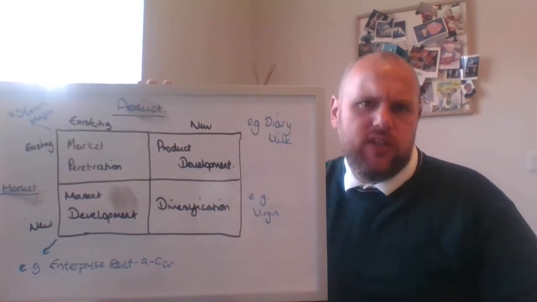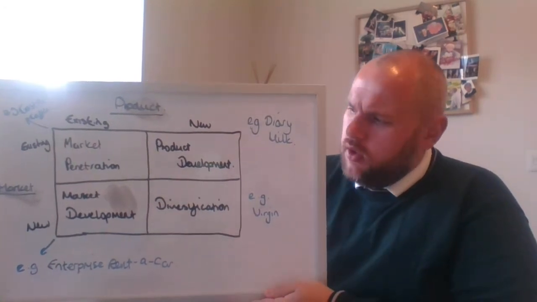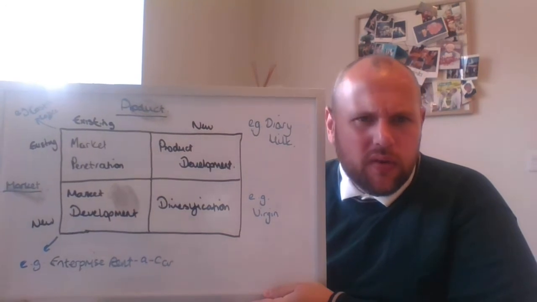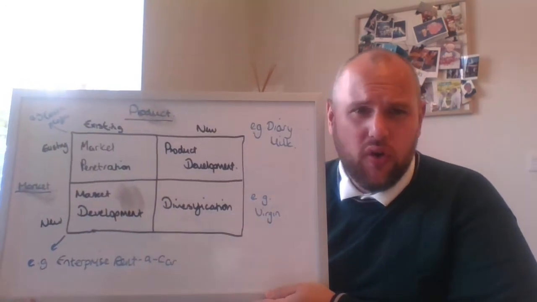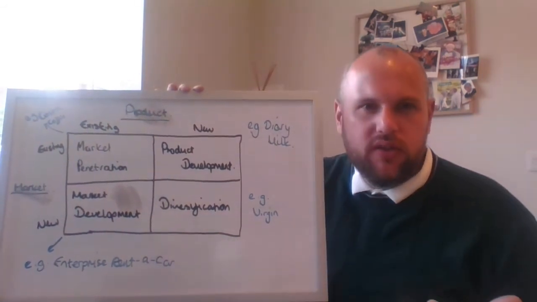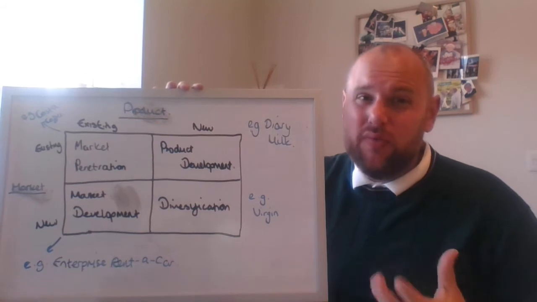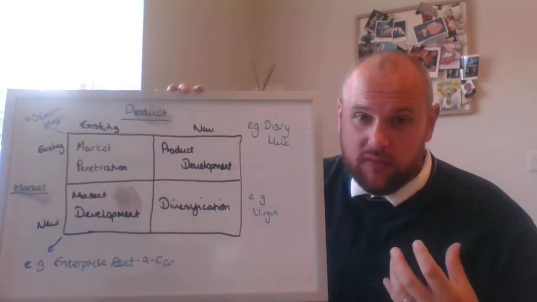He's launching Virgin Galactic. If you think about this as a way of looking at diversification, that is completely different markets. They're not associated with each other. The customers aren't even similar, and as a result, they have no knowledge of that when they're launching it. And if that goes wrong, it could go monumentally wrong and cost a lot of money.